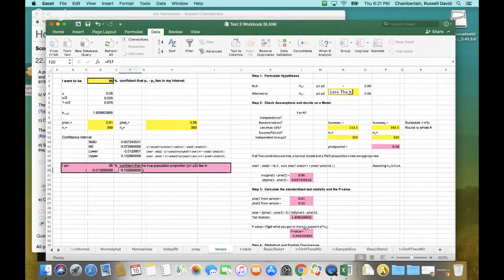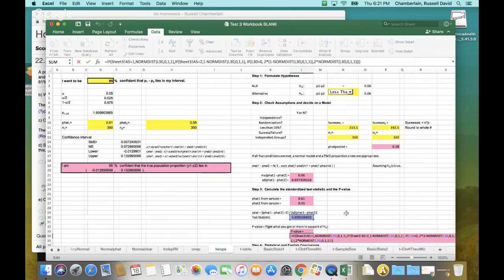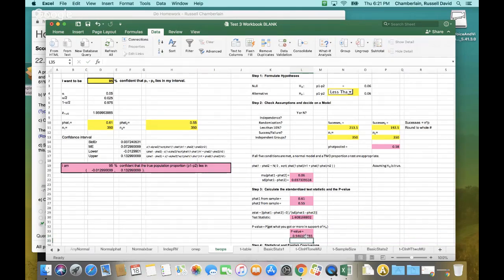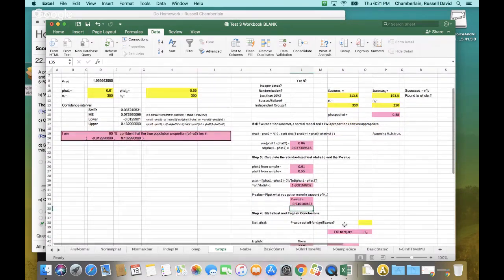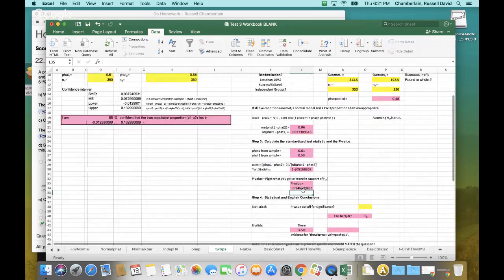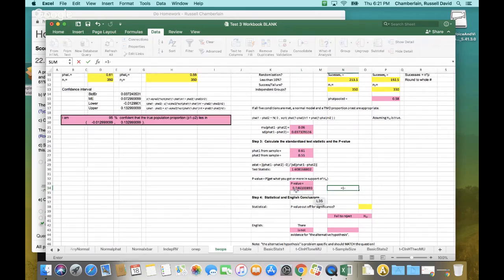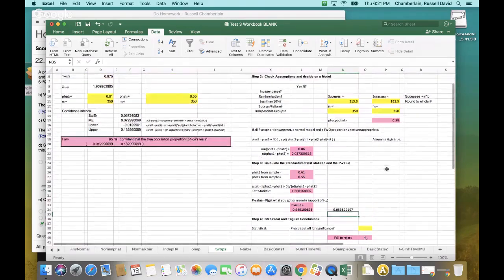Probability get what you got or more in support. So this is only testing for a positive difference or more. We want to test kind of the opposite of that, right? And if we do that, if we take our complement of this number here, yeah, it is unlikely to observe this difference by chance.